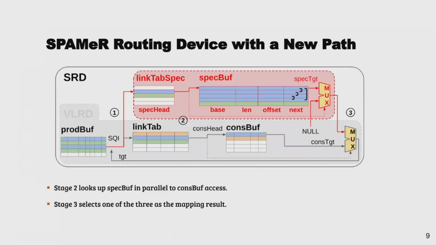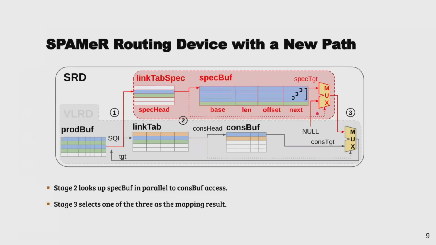Now, zoom into the routing device. Here, entries with different colors are for different queues. The bottom part of the diagram on gray background shows the Virtual Link routing device in brief. We will also find the SPAMeR routing device makes a new path to look up the specbuf.